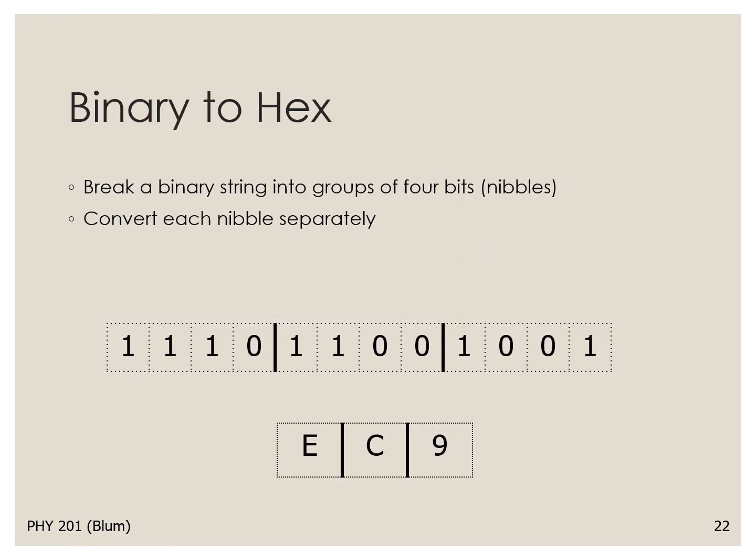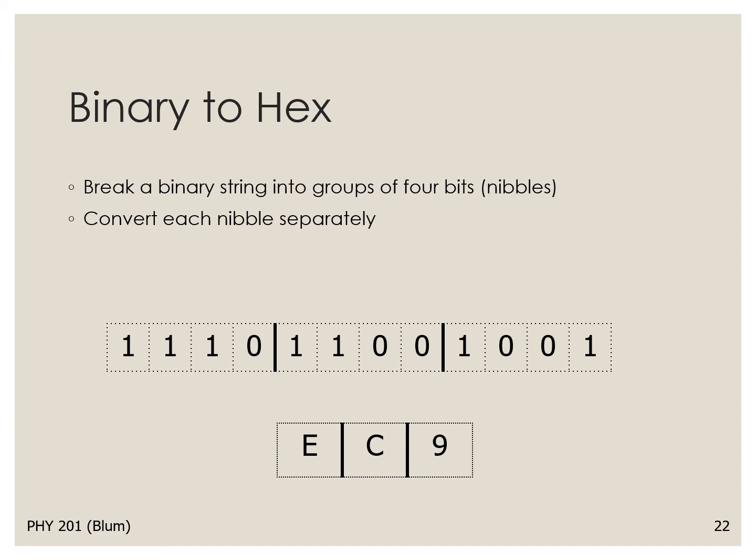So if we have a binary number and we want to convert it to hex, the first thing we do is break our binary string into groups of 4 bits, also known as a nibble, and then we can just convert each nibble separately.